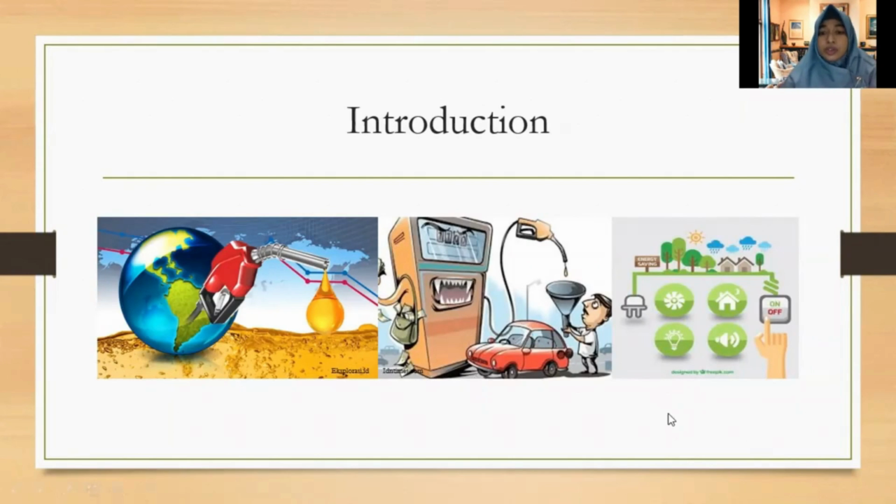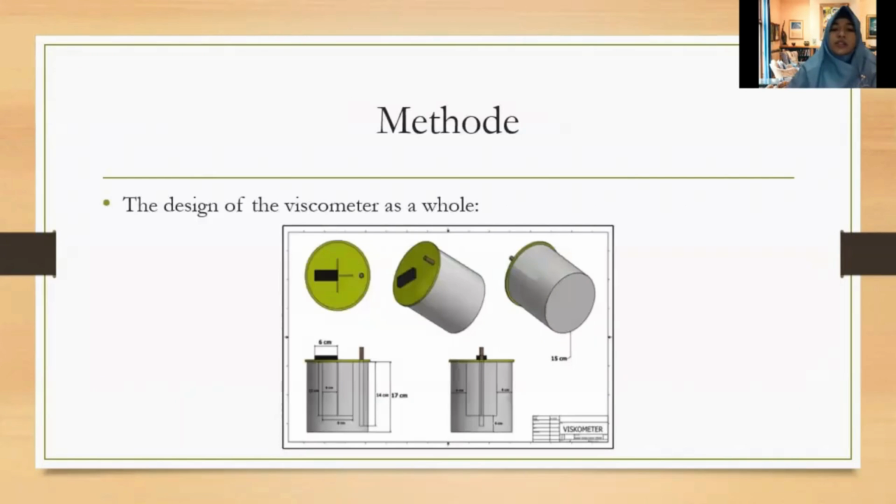I continue to my research method. This is the design of the viscometer. I use one tube with a 15 centimeter diameter, and I use a stirrer to mix the liquid.